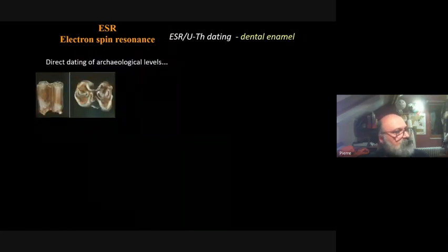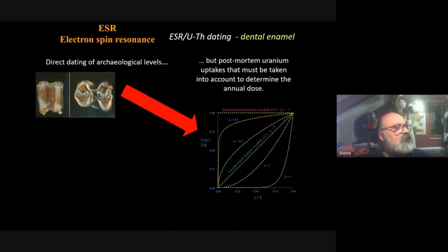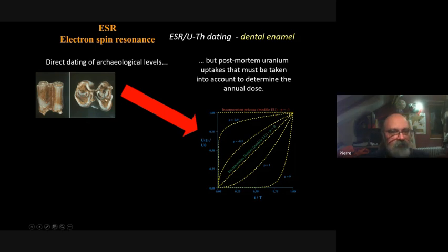And the last method I will talk about is also ESR, but now ESR applied on teeth, and it is a little bit different because here we have to take into account a part of the teeth containing radio elements. So it is complicated to know very well how many electrons have been trapped year after year, because this quantity evolves in time with the incorporation of uranium during the fossilization phase and the transformation between uranium and thorium.